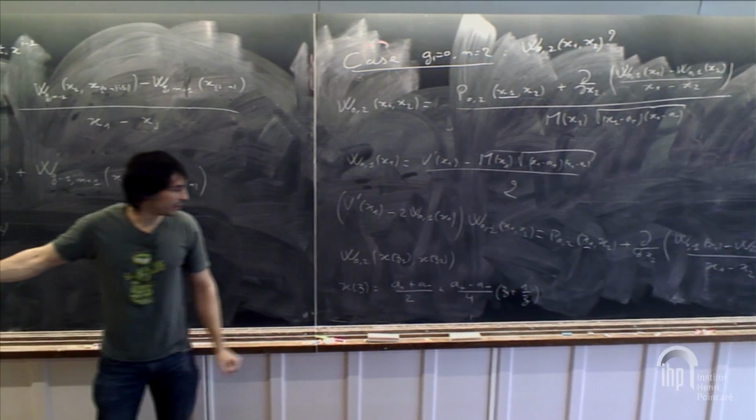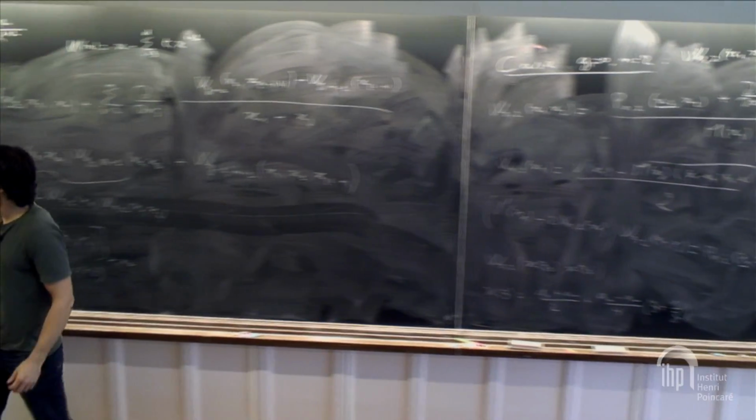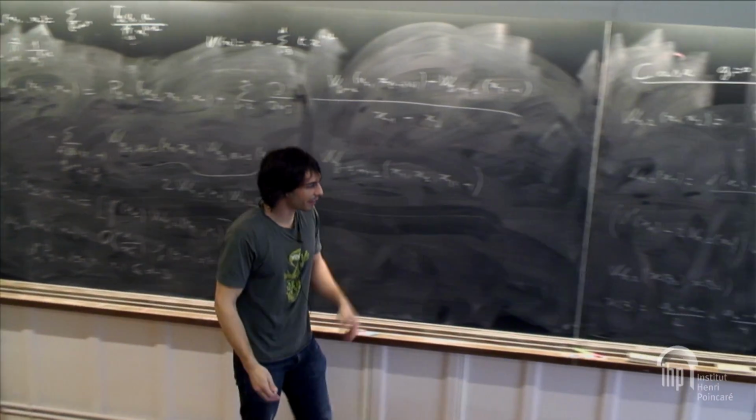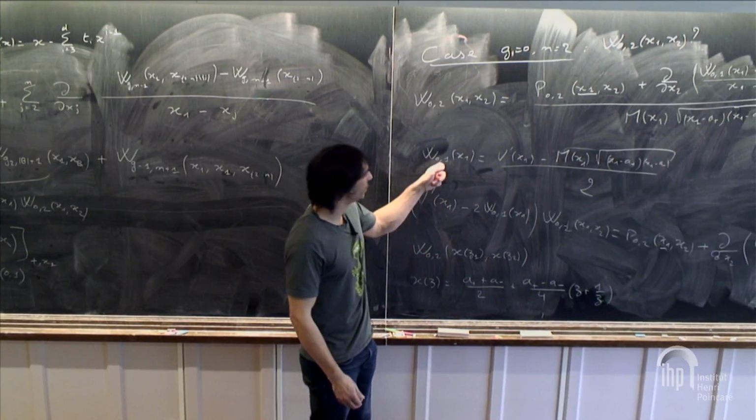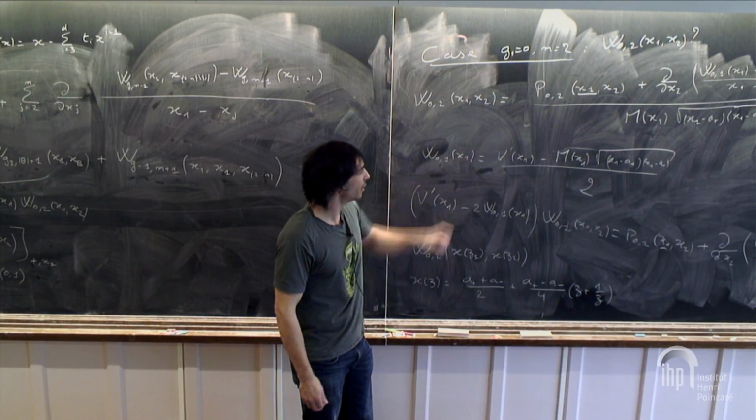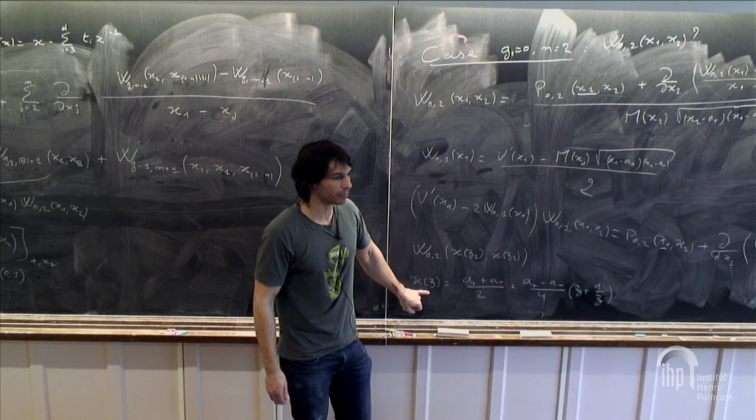Why did I introduce this Riemann surface, this algebraic curve, and this function x and y? It's in order to show that W01 of x of z was a rational function of z.